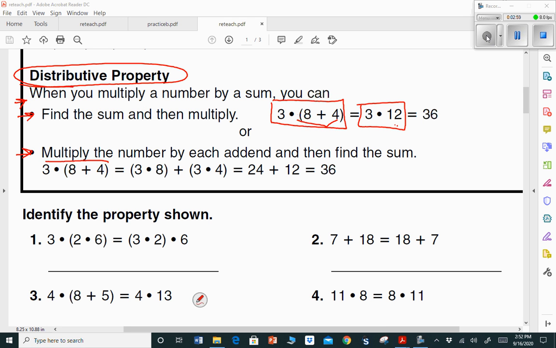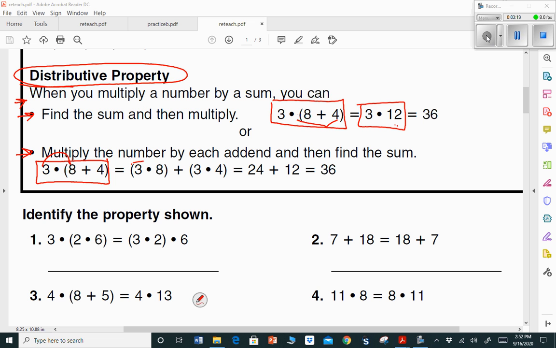Here we've got the same exact problem, and look at all the trouble they're going to to solve this. But they are demonstrating use of the distributive property, which is an important property, even though it looks more complicated in this particular situation. They're saying you can distribute the 3 across the 8 plus 4.